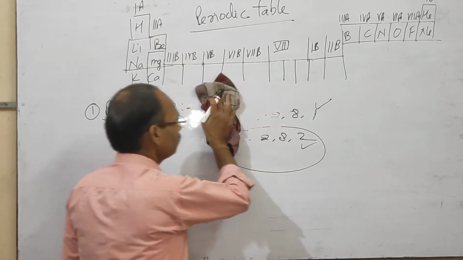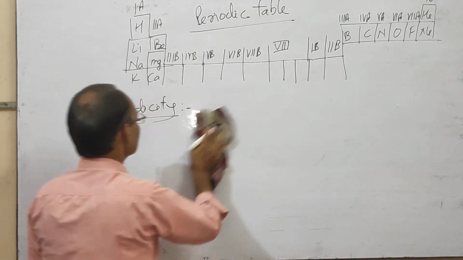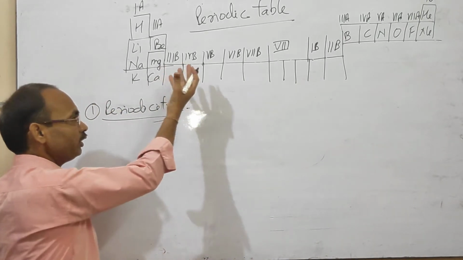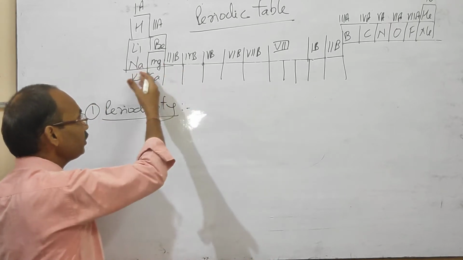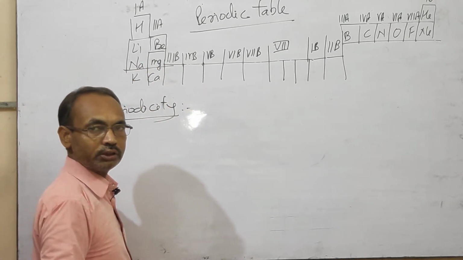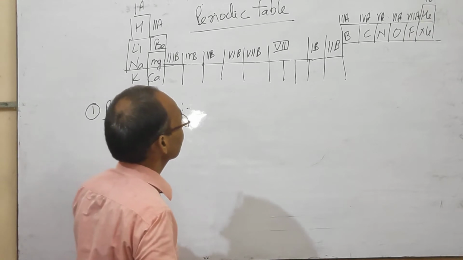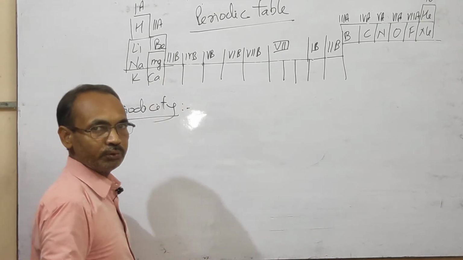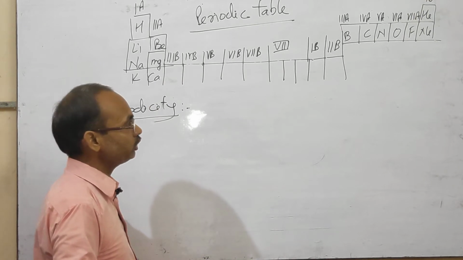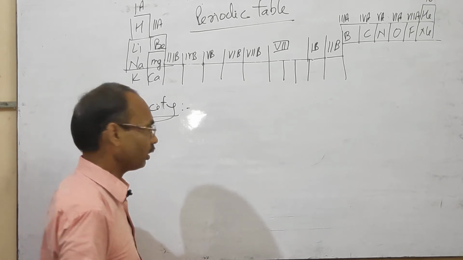Many physical and chemical properties are repeated after regular intervals in the periodic table, and this makes the systematic study of the periodic table very easy.